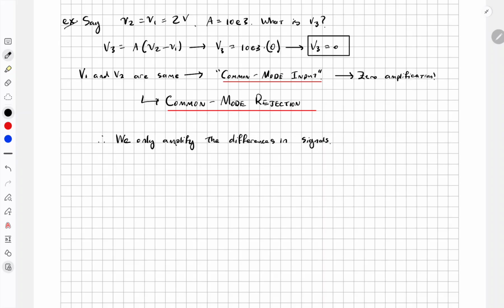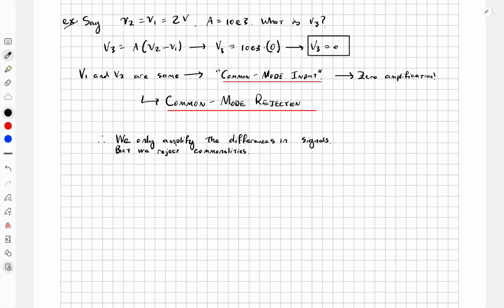And we amplify the differences, but we reject the commonalities. Okay. So these are very powerful principles of the op-amp that we'll investigate a little bit further in a little bit.